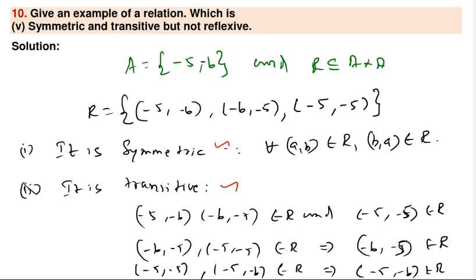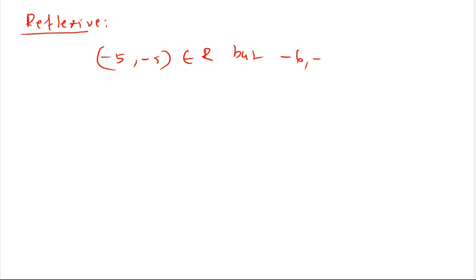It is transitive and symmetric, but not reflexive, meaning minus 5 is there, but minus 6 does not belong to R. So to confirm the non-reflexive case, minus 5 belongs to R, but minus 6 does not belong to R. Therefore, the relation R is not reflexive.